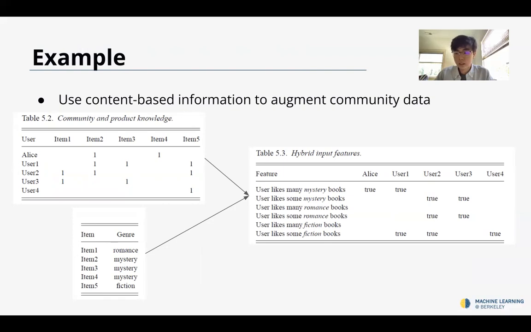In that case, it might help to group these items by category if you have information on what category those items belong to. A content-based system would have that type of information, because it has product feature descriptions.